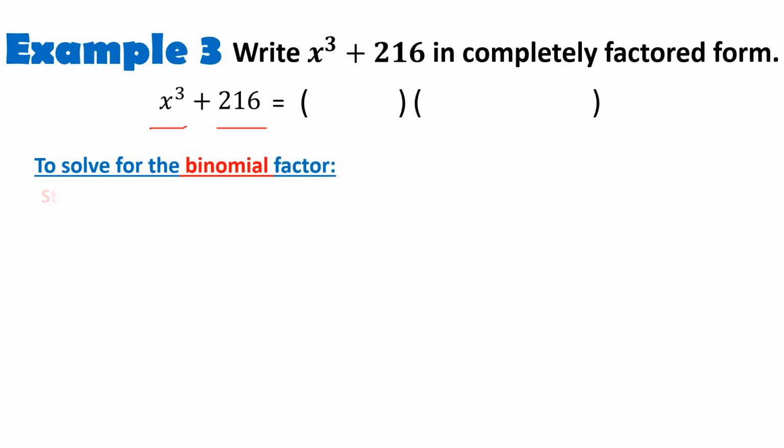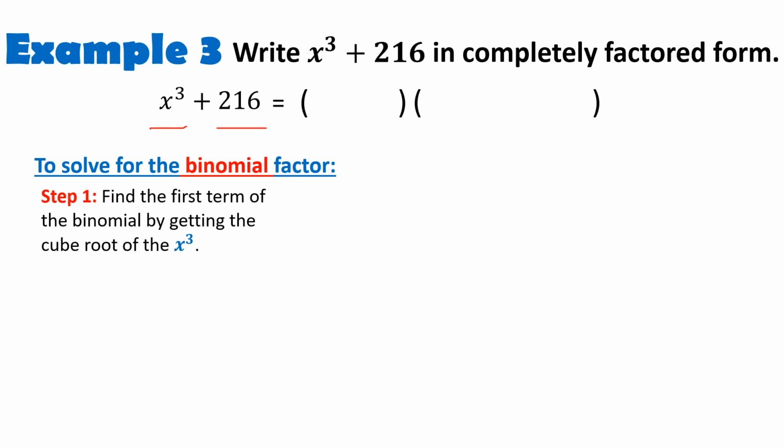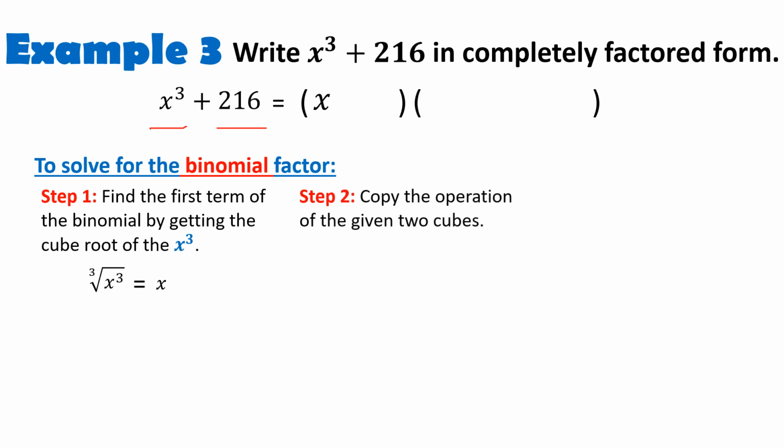To solve for the binomial factor, step 1, find the first term of the binomial by getting the cube root of x cubed, which is equal to x. So you write down x. Step 2, copy the operation of the given two cubes, which is plus.